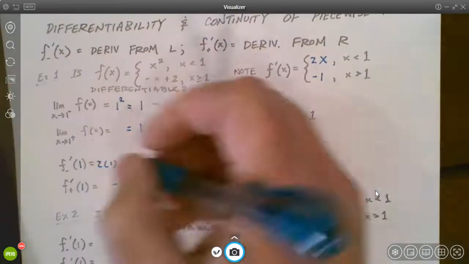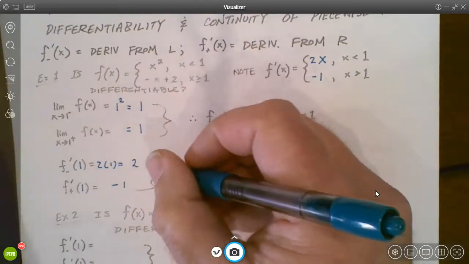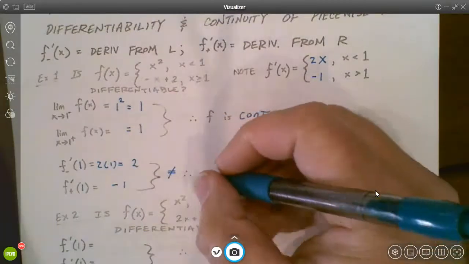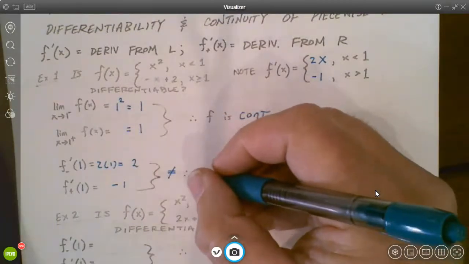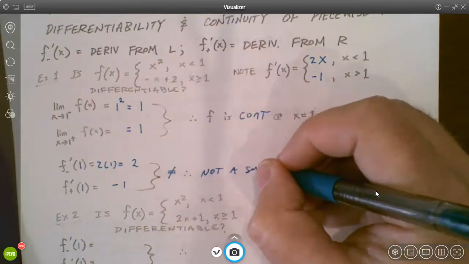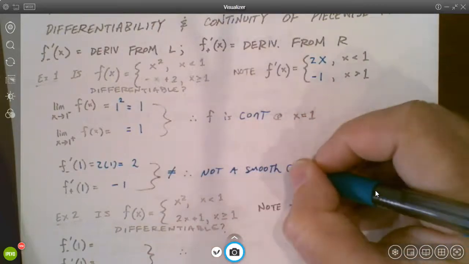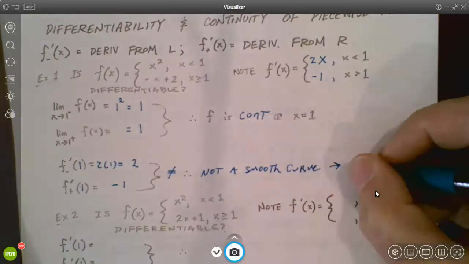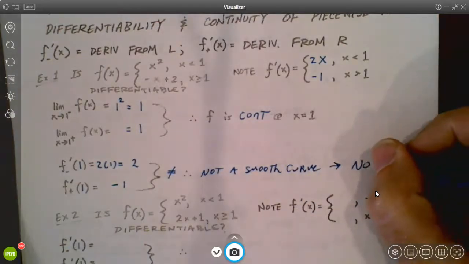So we're going to simply say that these were not equal. So therefore, it must not have been a smooth curve. So let's just say not a smooth curve. So therefore, we cannot differentiate.